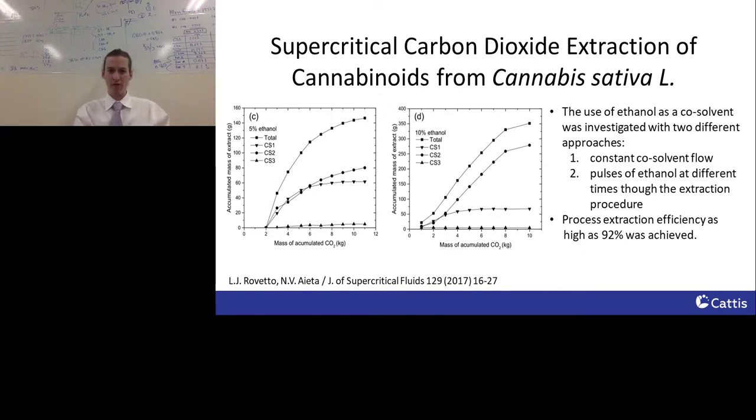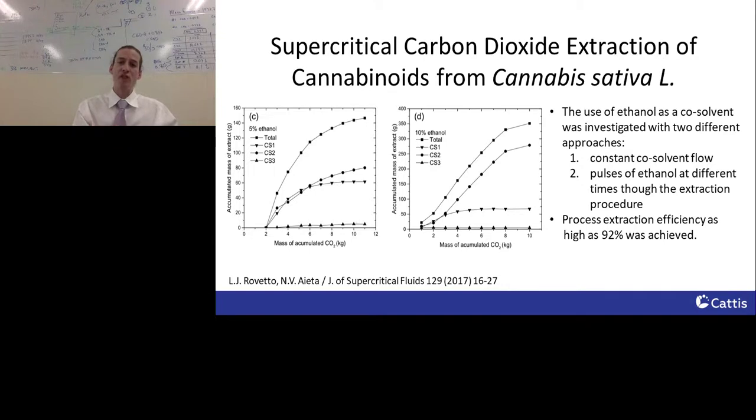Another publication that you'll find online is from 2017, where this group investigated extraction by SFE, but looking at different co-solvents and different strategies of introducing that co-solvent into the extraction chamber. And so they looked at two strategies. One is a constant flow of ethanol, meaning that throughout the life of the extraction, they're flowing in a constant X ml of ethanol.